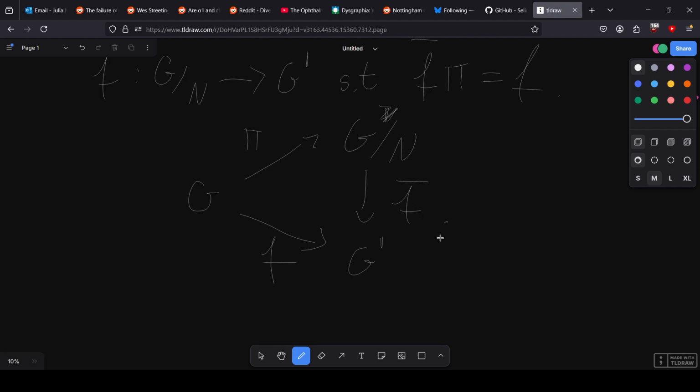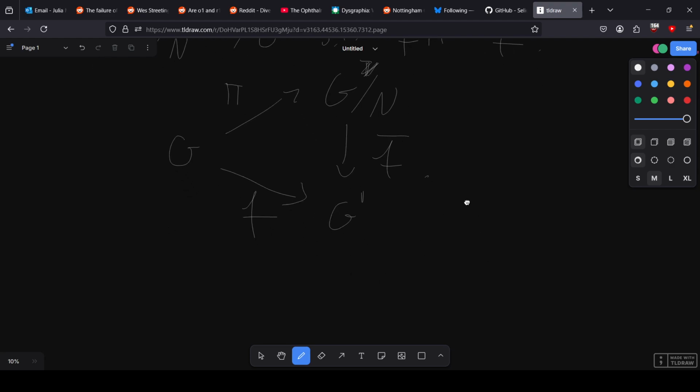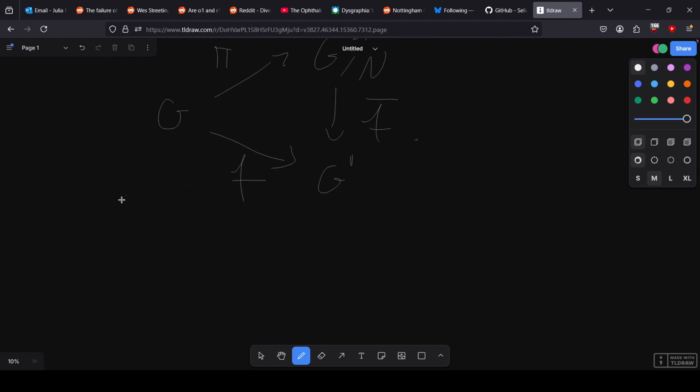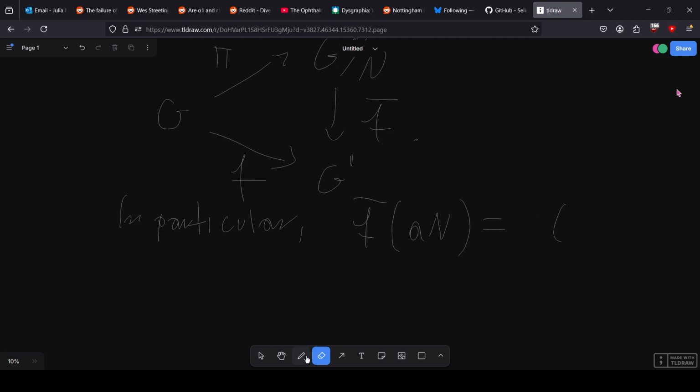Once again, the diagram commutes, point being, if we go via pi and via f bar, that's the same as going via f. In particular, f bar of a coset inside of our quotient group, Na, is equal to exactly f of a.